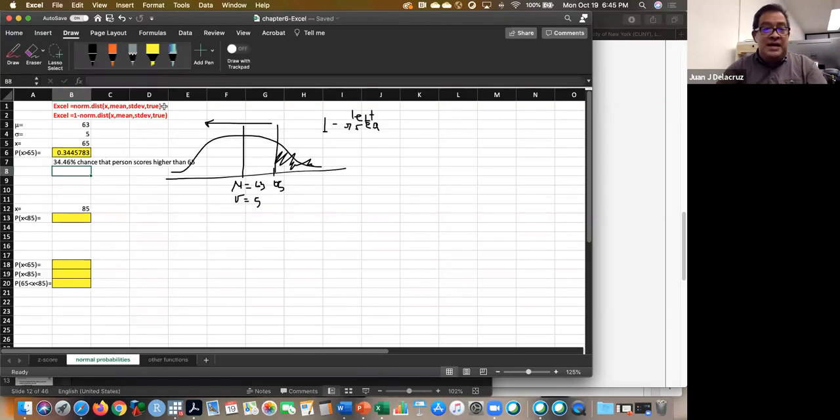So that's my response to this. What is the likelihood, what is the probability that a person is going to get 65 and higher? Well, 34%, right? So in this case, we have the less than. So I'm going to use the first. So what we are going to do is basically the following.